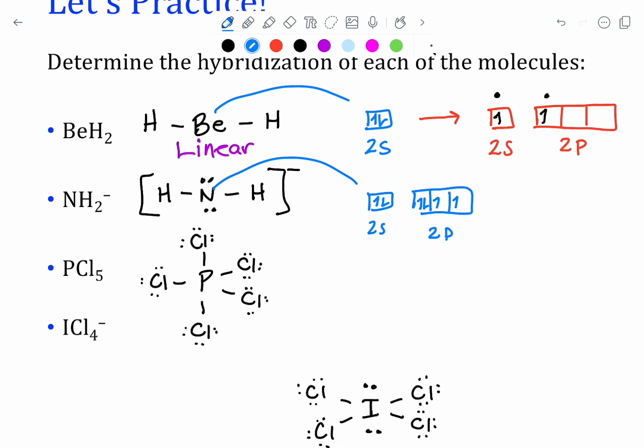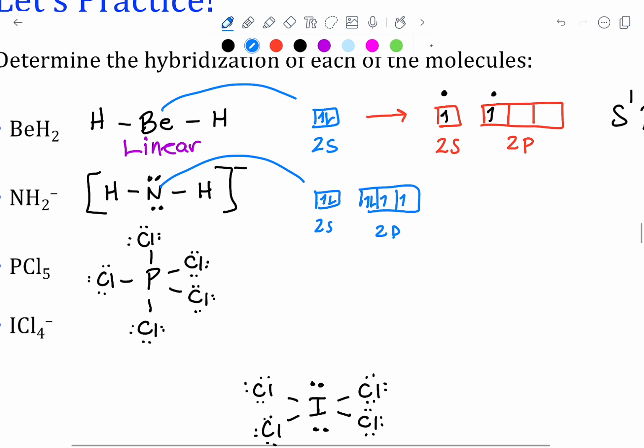So I'm going to add an extra electron there for my ion. So we have to account for it in our central atom for the hybridization to be correct. So we can't move these any further. I can't move those electrons around anymore. I don't have access to a 2d orbital. There is no 2d orbital, so I can't move those up any further.